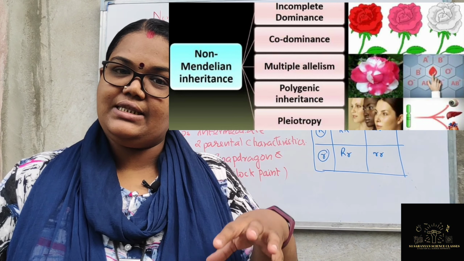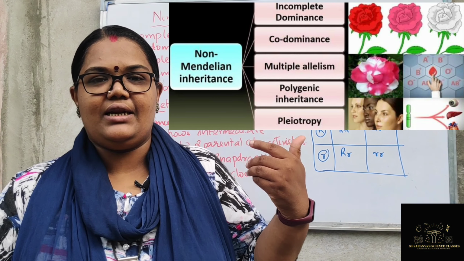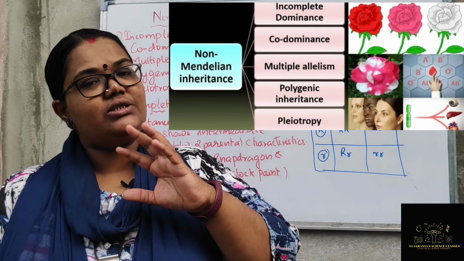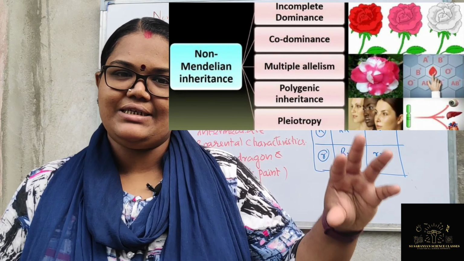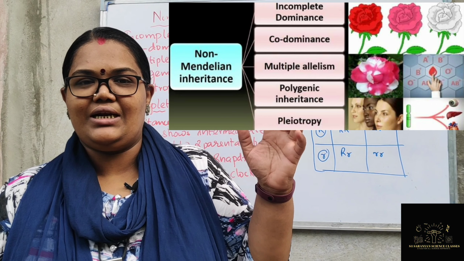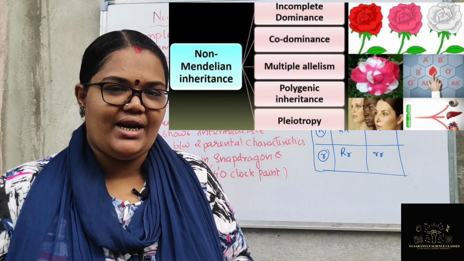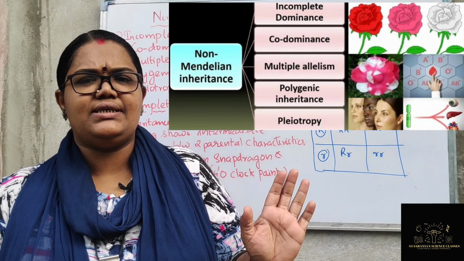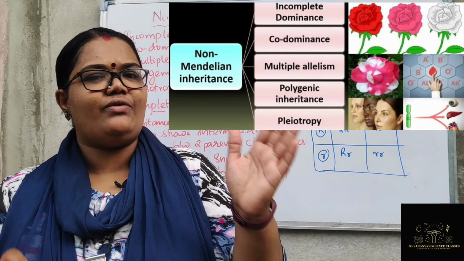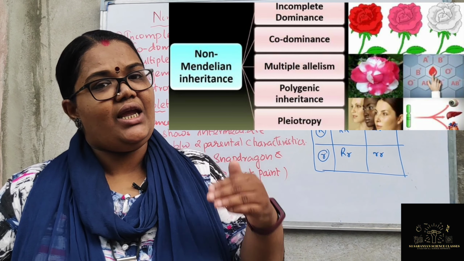But the seven contrasting characters Mendel studied in the pea plant all gave the same result, so he formulated the law of inheritance. Whether it was white flower and violet flower, he got either white or violet. That mixing color was not there. So in the case of the pea plant, it was correct.